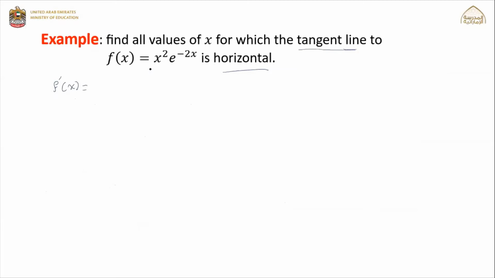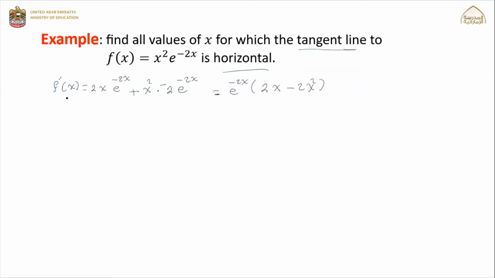F prime of x is 2x times e to the power negative 2x plus x squared times the derivative of e to the power negative 2x, which is minus 2 e to the power negative 2x. I can take e to the power negative 2x as a common factor. So I have 2x minus 2x squared.